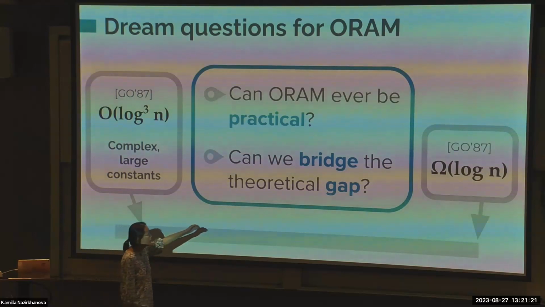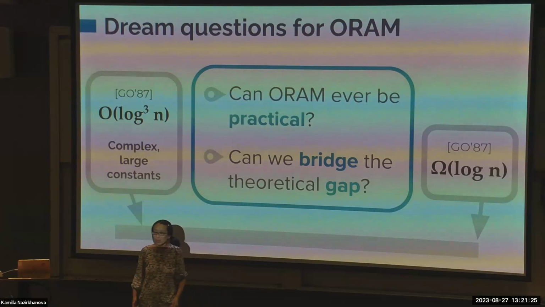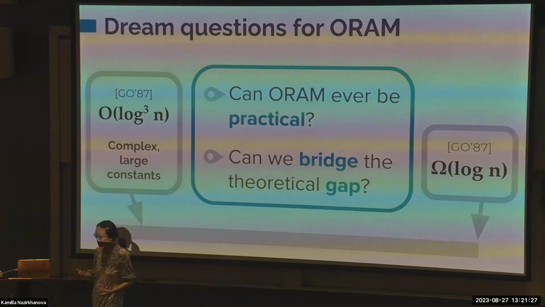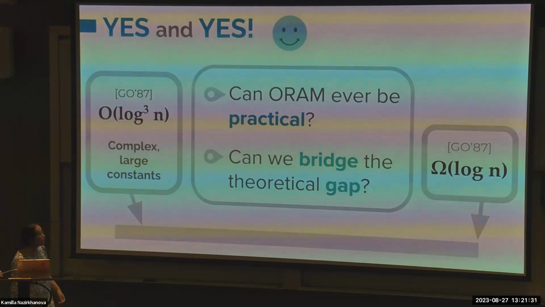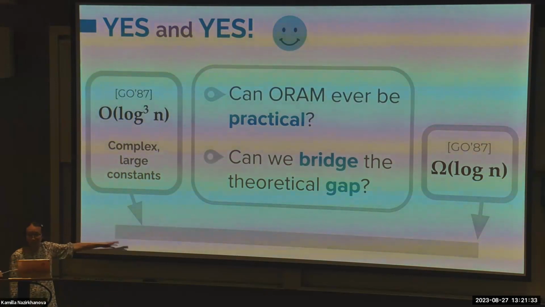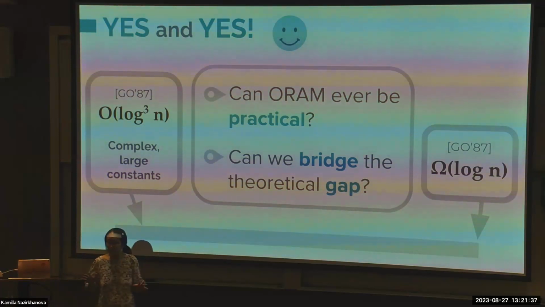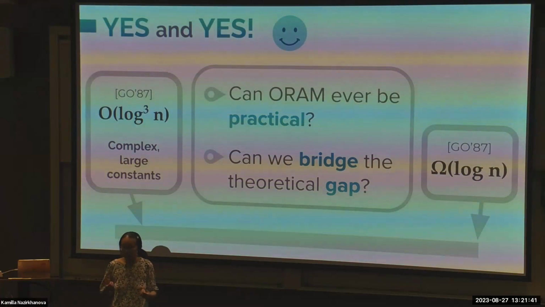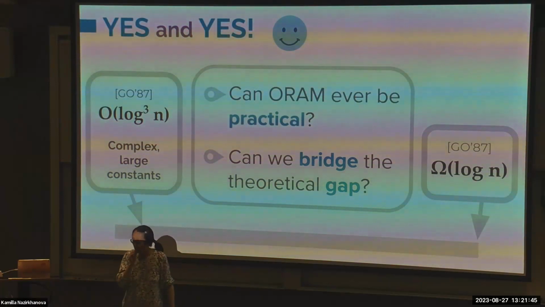And second, can we bridge the theoretical gap between the upper bound and the lower bound? So over the next 10 years, we've been working in this direction, and we were able to solve both problems. And the answer to both questions is yes. The theoretical scheme and the practical scheme are not the same scheme. I mean, it would have been nice if they were the same scheme. So today I'm going to focus more on the practical side.